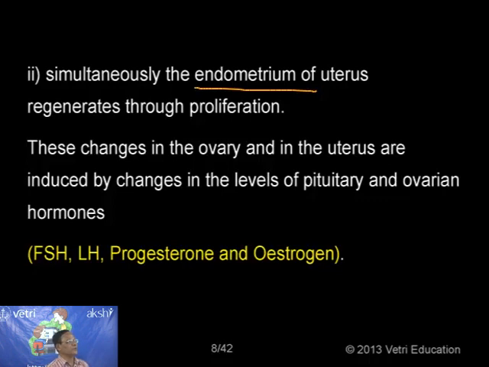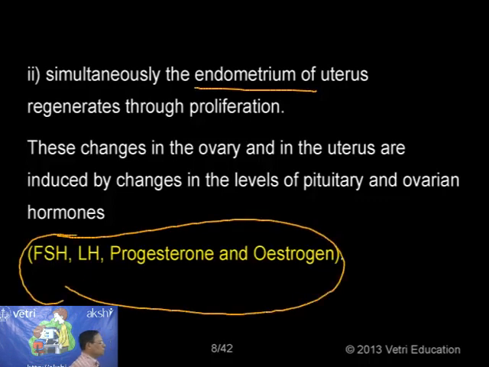Now what will happen? Two ovarian hormones and two anterior pituitary hormones are responsible for making such changes in the uterine endometrium as well as in the ovary. Two are from the anterior pituitary: follicle stimulating hormone and luteinizing hormone. The other two are the ovarian hormones, progesterone and estrogen.